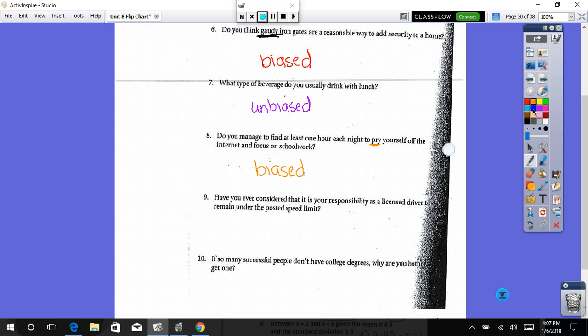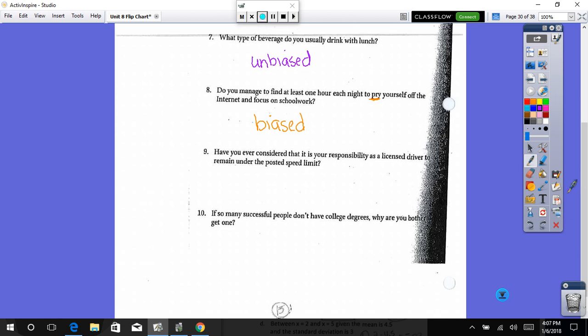Number 9. Have you ever considered that it is your responsibility as a licensed driver to remain under the posted speed limit? I would personally say this is a biased statement.